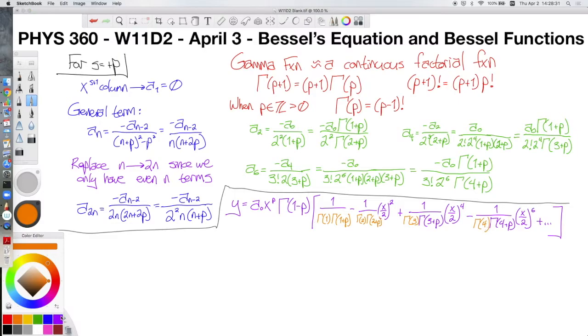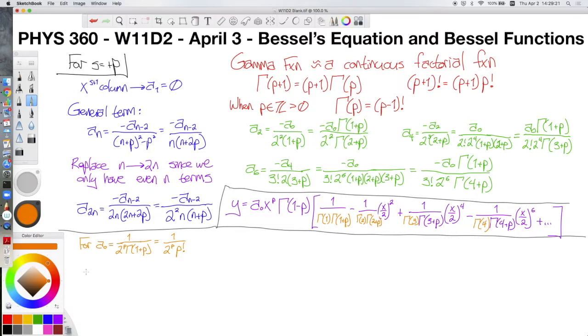And this is almost to the point where we are ready to call this a Bessel function of the first kind. All we need to do now is pick a specific value for A0. And the value we're going to use is A0 is equal to 1 over 2 to the p times the gamma function of 1 plus p, which could be written in factorial form as 2 to the p times p factorial.